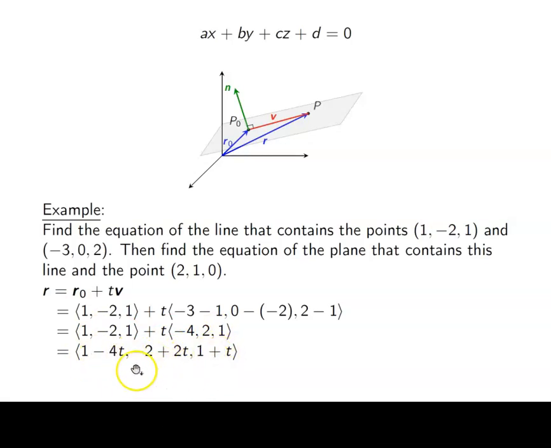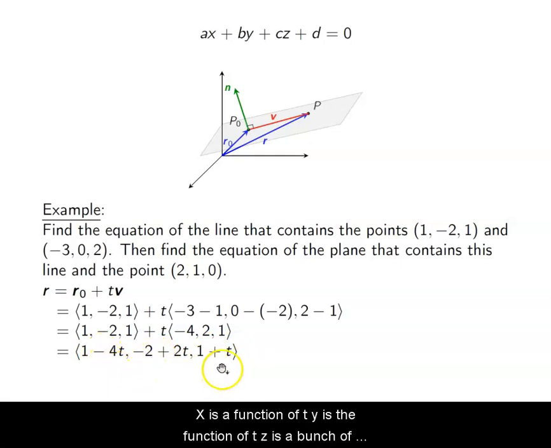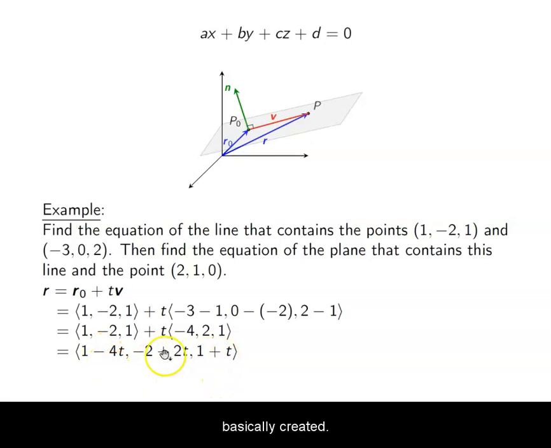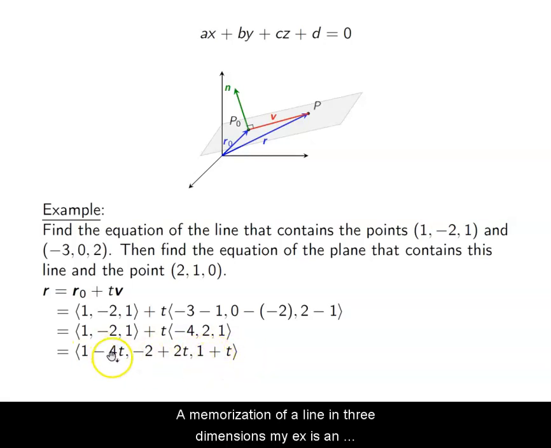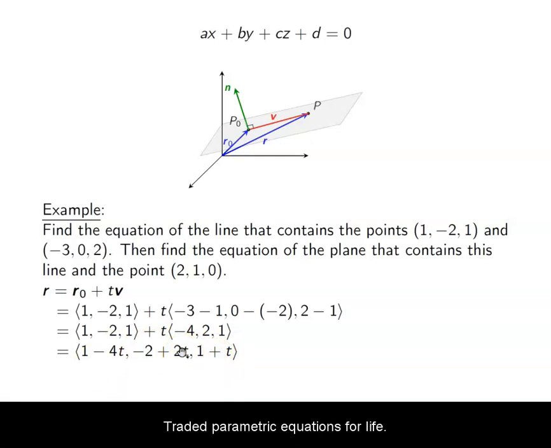Another way to think about this, X is a function of T, Y is a function of T, Z is a function of T. You've basically created a parameterization of a line in 3 dimensions, right? My X is an equation in T, my Y is an equation of T, my Z is an equation of T. So what we've basically done is created a parametric equation for a line in 3 dimensions.